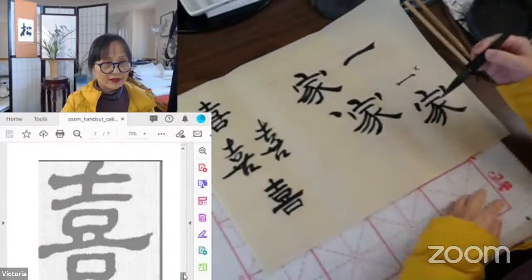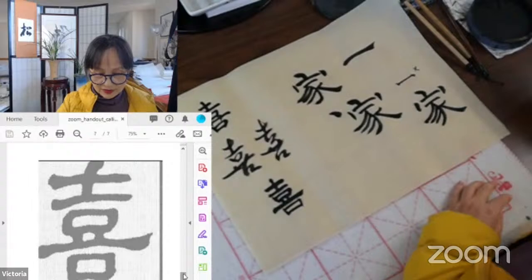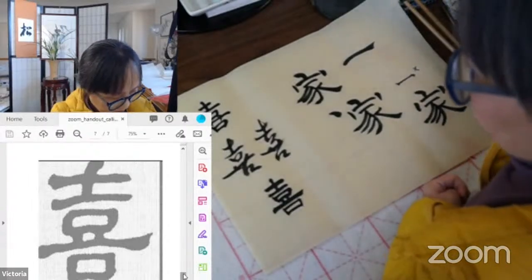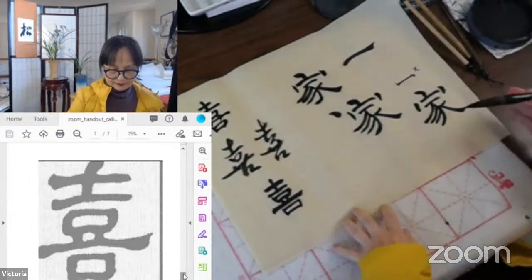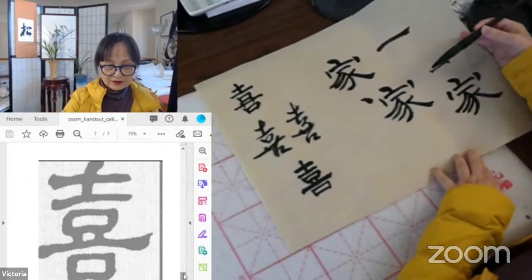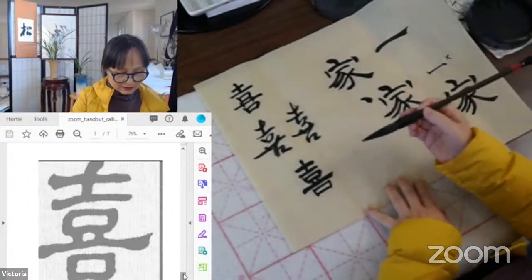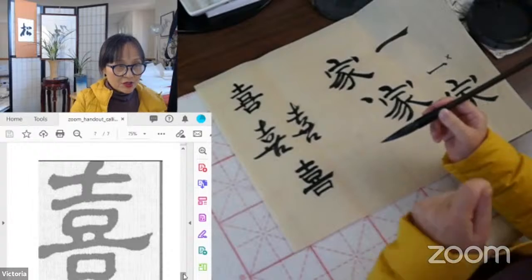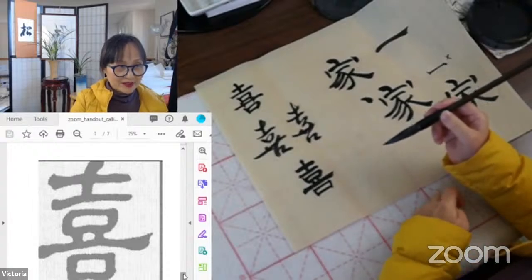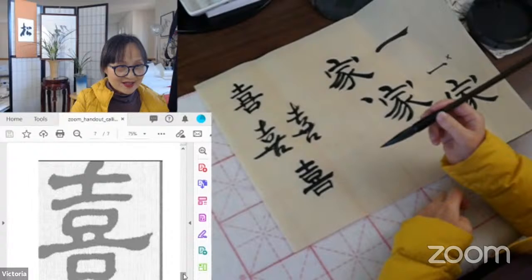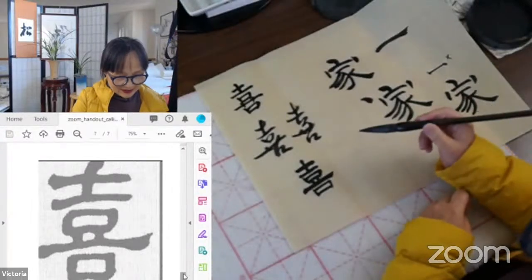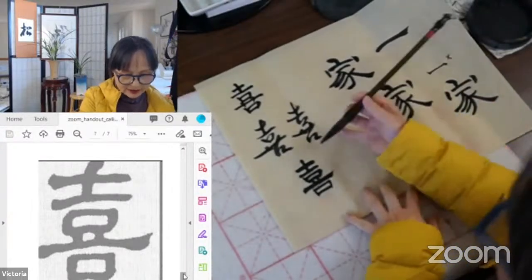Okay, and now I'm going to write the character in Chinese, very common too, but I couldn't find it on my computer. It's not in the dictionary, but it is very, very common to do double happiness, putting them together. How to write it? Okay, I'm going to write it.